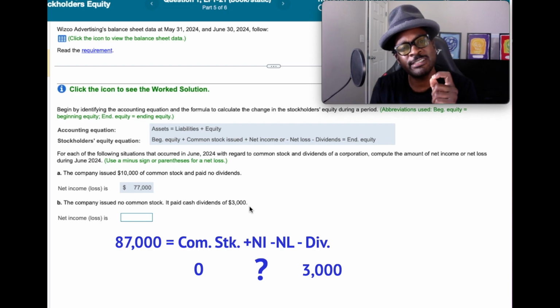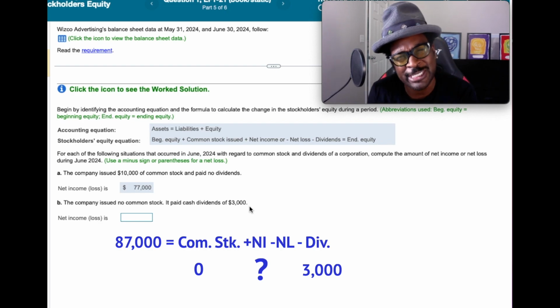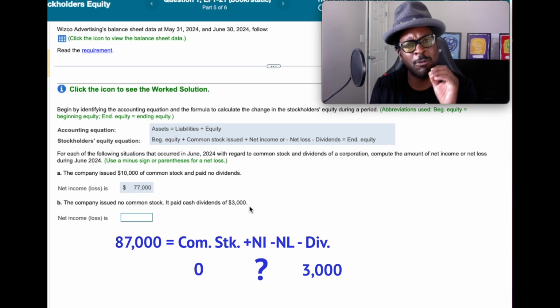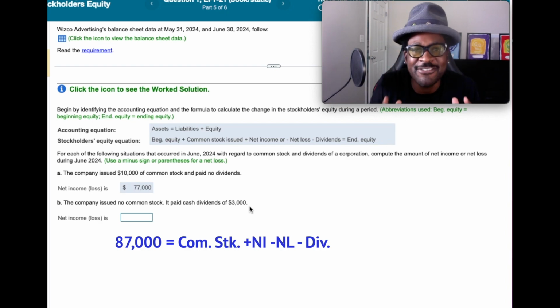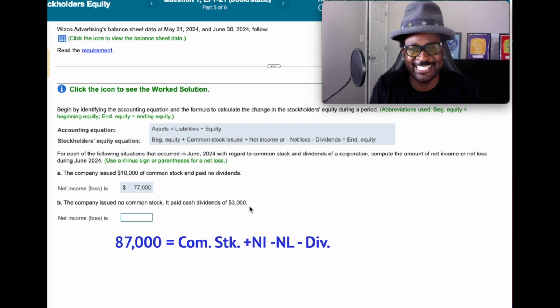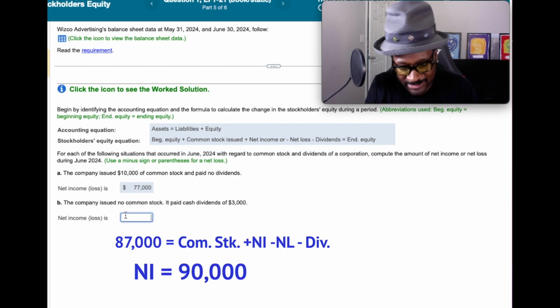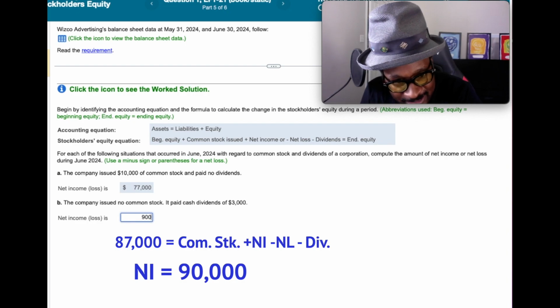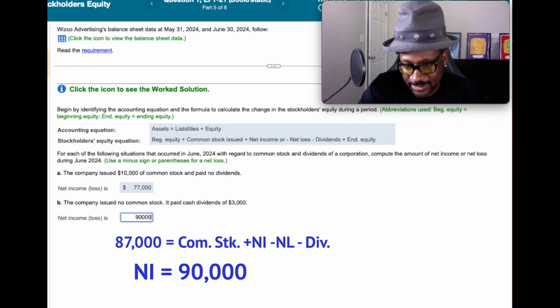So if our retained earnings balance must be decreased by $3,000, but we still had an increase of $87,000 in the period for stockholders' equity, obviously our net income had to be $90,000. If we take the $90,000 and plug that in there, check our answer.